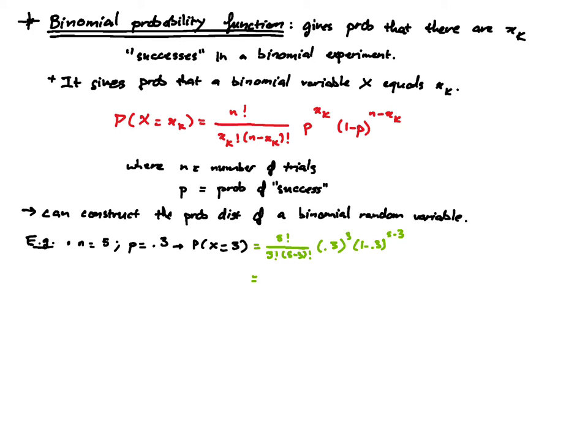This means that we're going to have 5 factorial, which is 120, divided by 3 factorial, which is 6, times 5 minus 3 factorial, which is 2 factorial, which is 2. Then 0.3 cubed gives you 0.027, and then 1 minus 0.3 to the 5 minus 3, which is to the second power, is 0.7 squared.